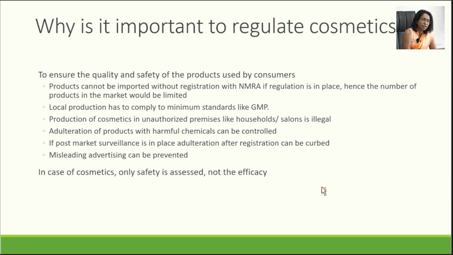That means you can't produce creams in your salon or in your kitchen. But that's what's happening. Cream manufacturing can't be a cottage industry. But it's happening, right? And adulteration of products with harmful chemicals can be controlled if there is regulation, right? And if there's post-market surveillance, so much the better, right?